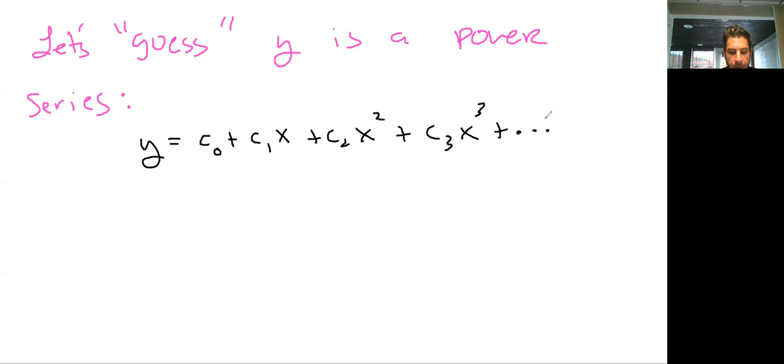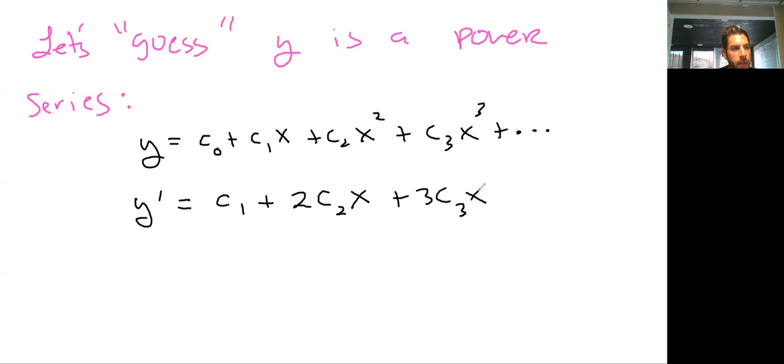The beautiful thing about a power series is we know immediately what its derivative looks like, because if I differentiate this, I get C1 plus 2 times C2x plus 3 times C3x squared. And what would be a good thing to do is to recognize the kth term of the derivative.